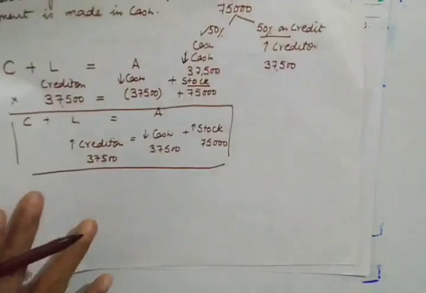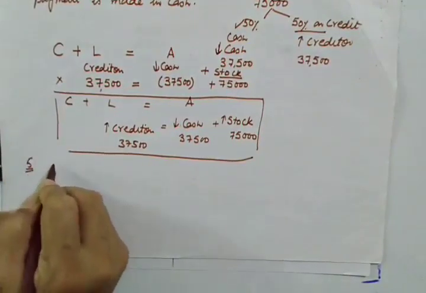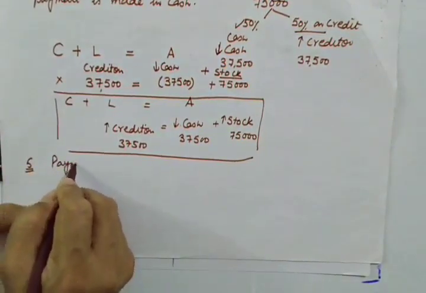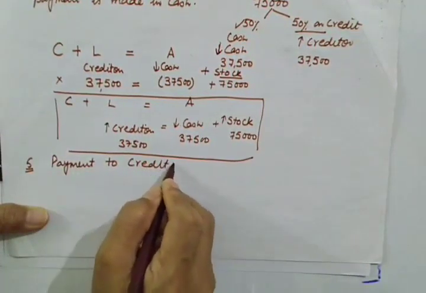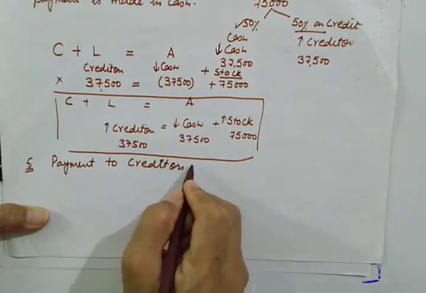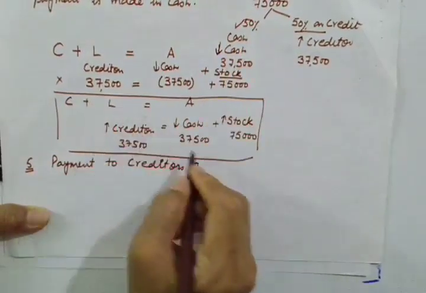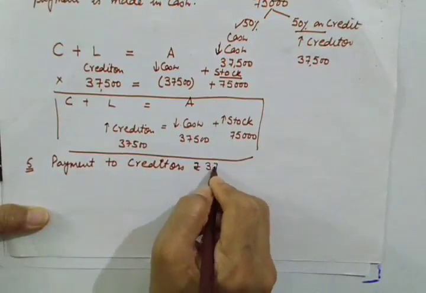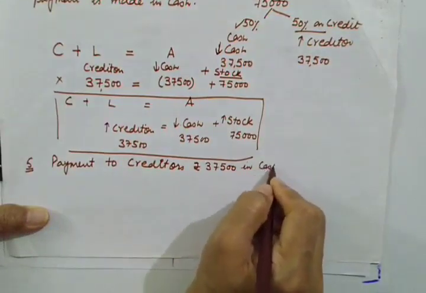So let us do an example based on this. Fifth is payment to creditors. Let us take this example. We need to pay creditors 37,500 in cash.